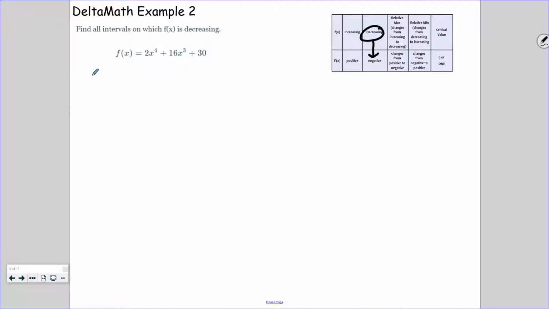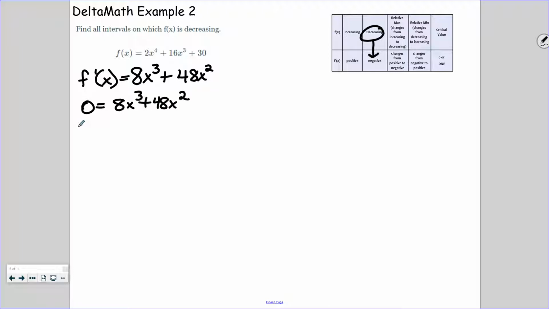Okay, so first of all, I need to find f prime. So let's find the derivative. The derivative of 2x to the fourth is 8x cubed, plus the derivative of 16x cubed is 48x squared. And the derivative of 30 is 0. All right, so I found f prime. I'm going to set it equal to 0 and factor it.